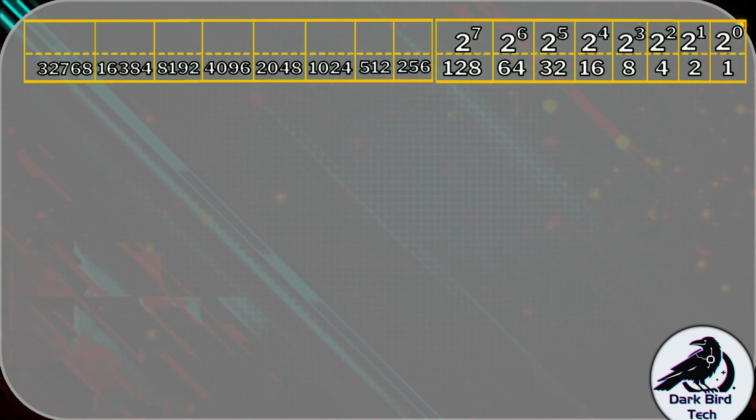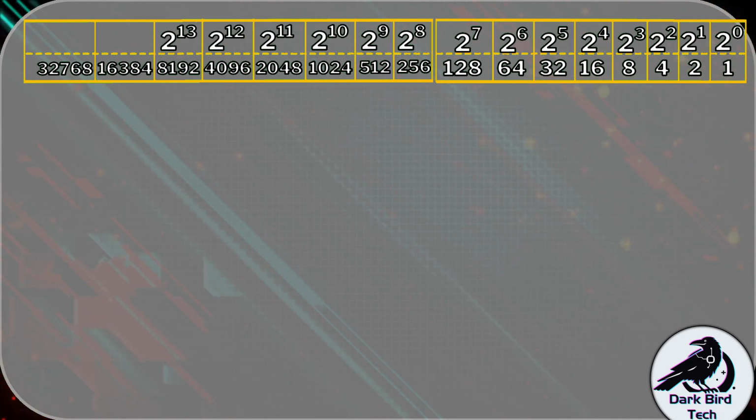And the row above where our 2 to the power of numbers is going to be 2 to the 8, 2 to the 9, to the 10, to the 11, to the 12, to the 13, to the 14, and to the 15. So now we've got 16 binary bits that we could work with if we need to, and we've got the answers for 2 to the power of up to 15 without needing a calculator. Remember, in Network Plus, you're not going to get access to a calculator always.